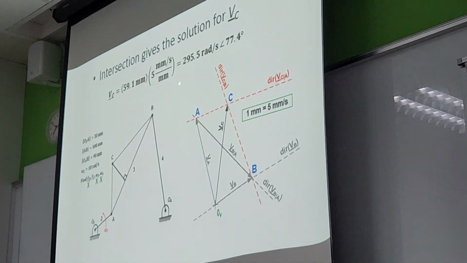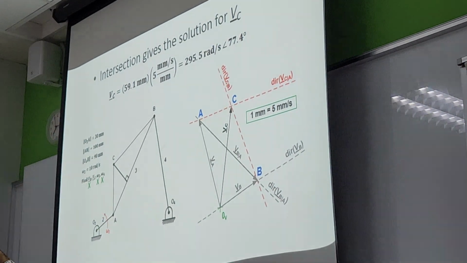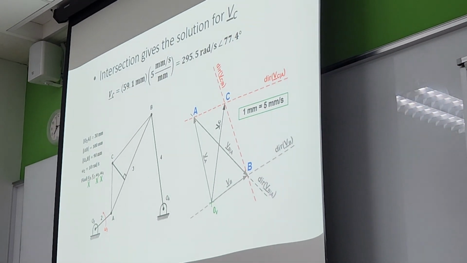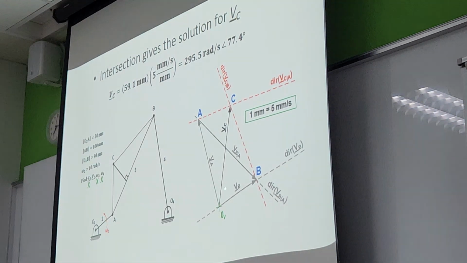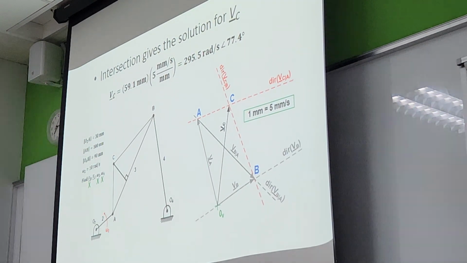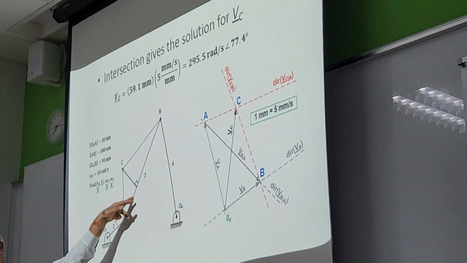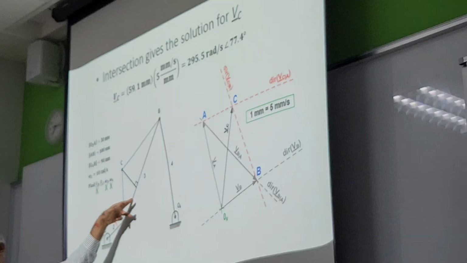So magnitude, velocity, and orientation you can calculate. If you want to find velocities at any point on link 3, from this velocity image you can easily calculate. For example, from A, you want to find out what will be the velocity at this point.